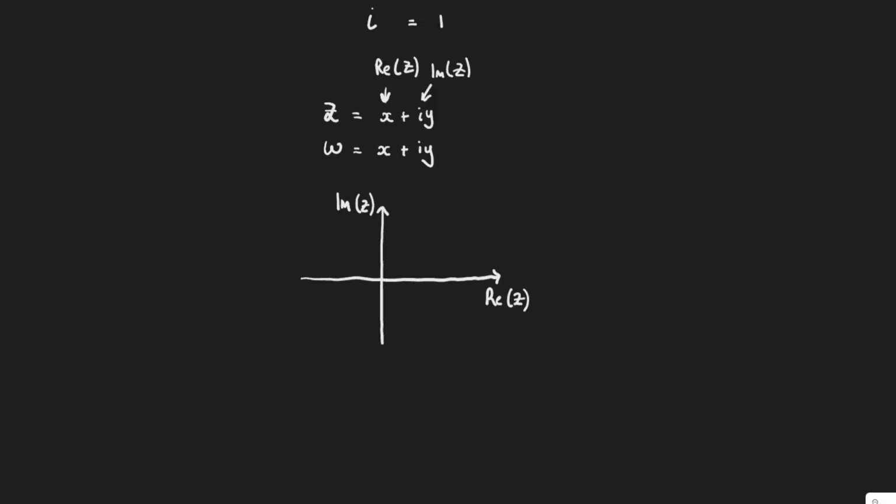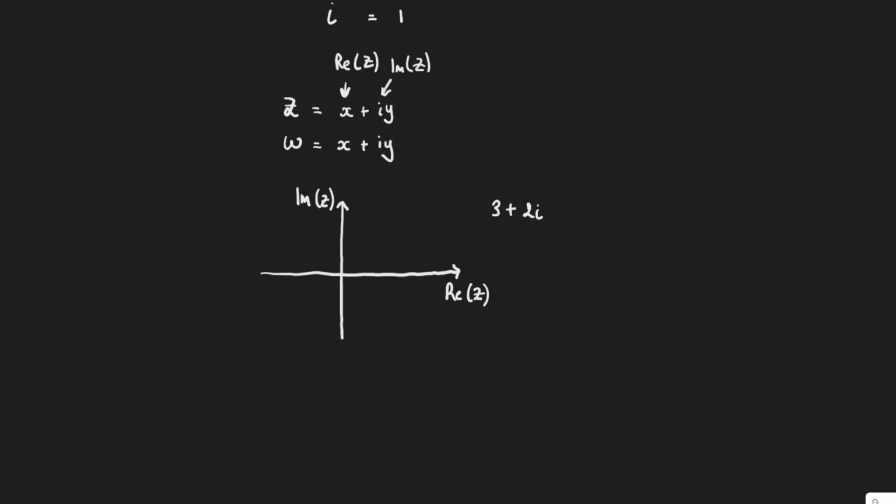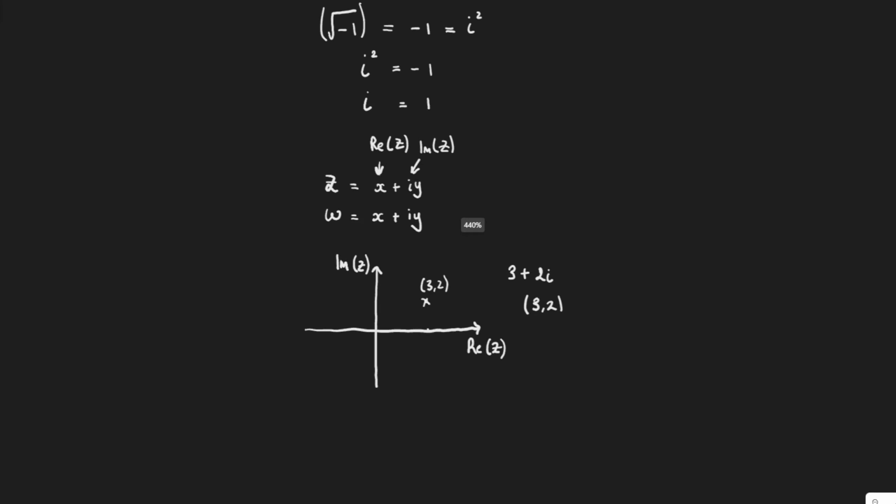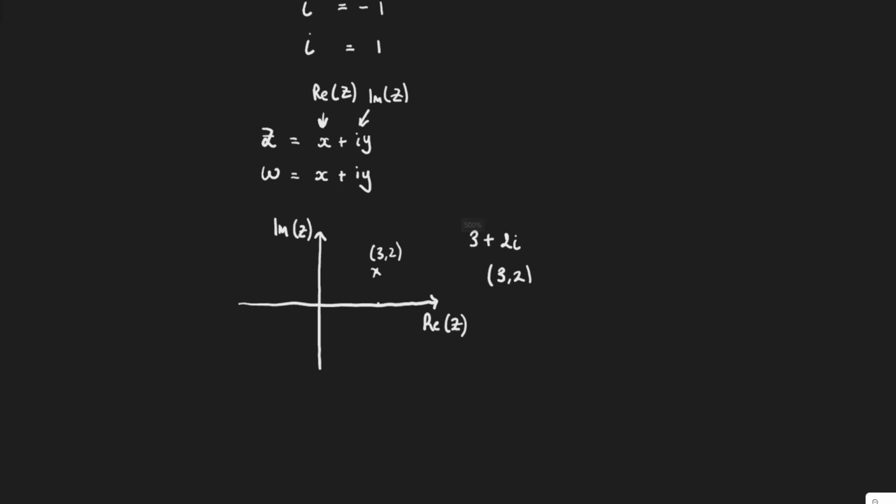And so if we had the complex number 3 add 2i, well, in actual fact, this is going to correspond to the coordinates (3, 2) on the complex number plane. So along 3 in the real direction, and then up 2, this is (3, 2) here. And it's really that simple. It's really that simple to start off with.